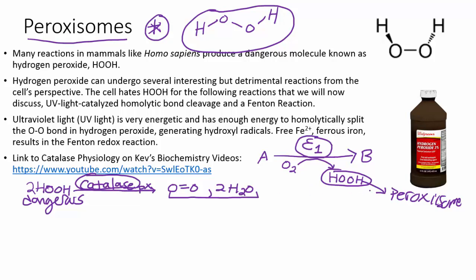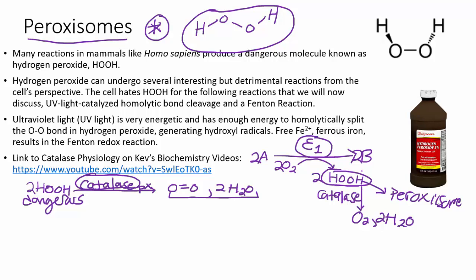So basically what happens is you have this enzyme inside the peroxisome that produces hydrogen peroxide, and then you have the enzyme catalase, which is also inside the peroxisome, that converts it into oxygen and two waters, from two hydrogen peroxides. Hopefully that makes a little bit of sense. If you're making hydrogen peroxide in the peroxisome, it would make sense that you'd have a way to catabolize it, and catalase is the way that you do that.